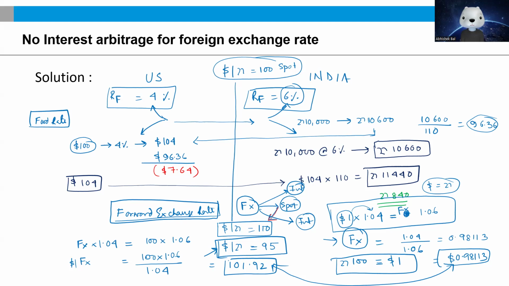For now, suffice to say that all other things remaining constant, the country bearing the higher nominal interest rate is going to lose its currency value as compared to the one that has a lower interest rate. And since India's interest rate is more than that of the US, it's a gradual declining path for the Indian rupee going forward. All right. Because if you look at any other way, it's only going to yield you an arbitrage opportunity.